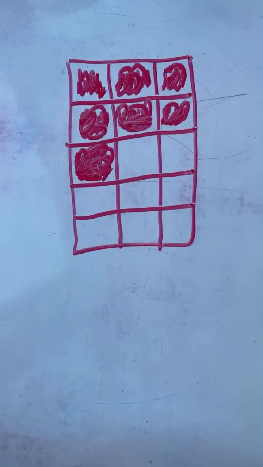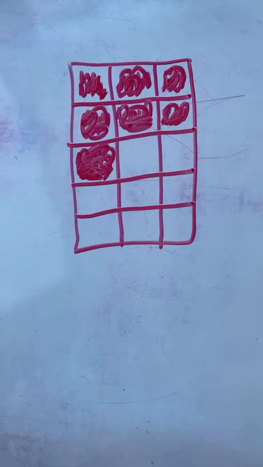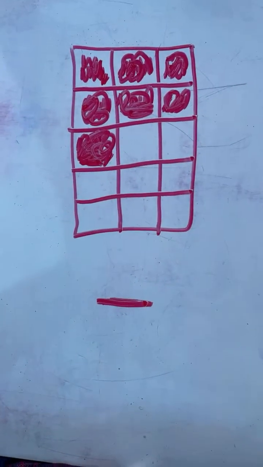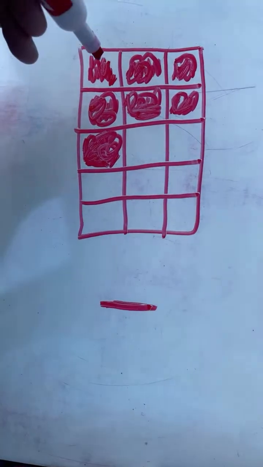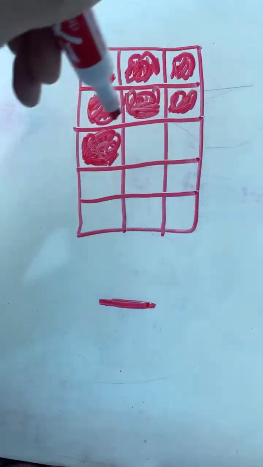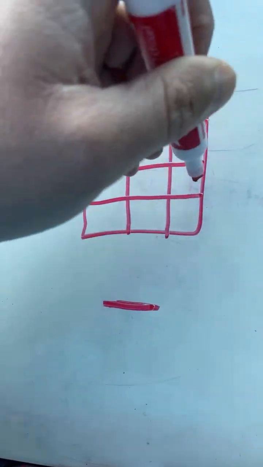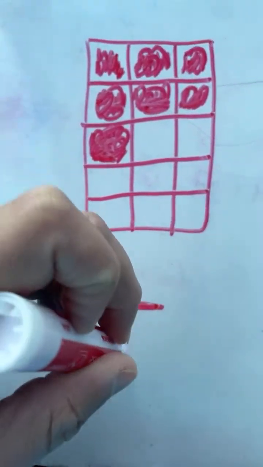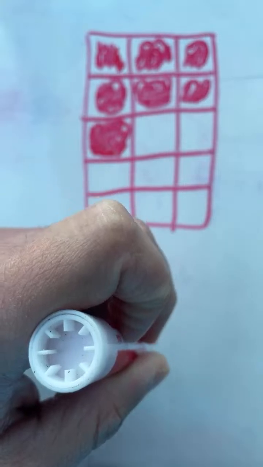So now determining what fraction this model represents. So again, our denominator is the total number of boxes. Our numerator is the number of boxes that are shaded. So we have 1, 2, 3, 4, 5, 6, 7, 8, 9, 10, 11, 12, 13, 14, 15 total boxes. So our denominator is 15.